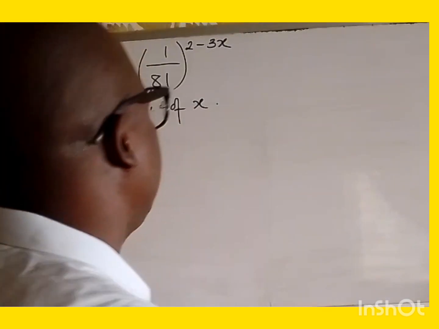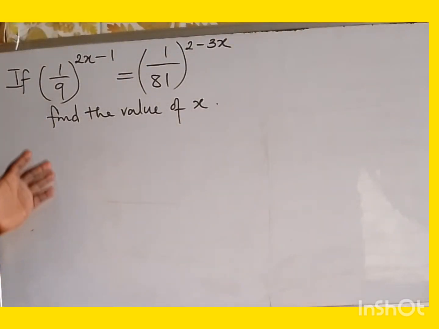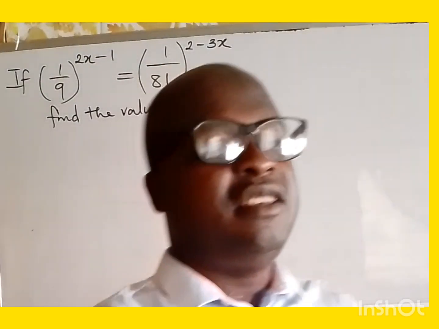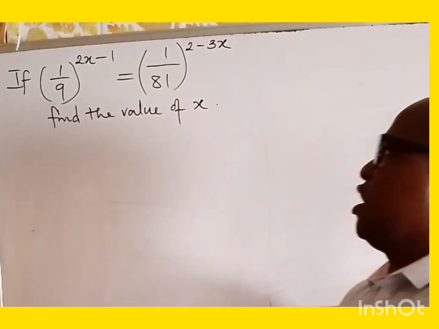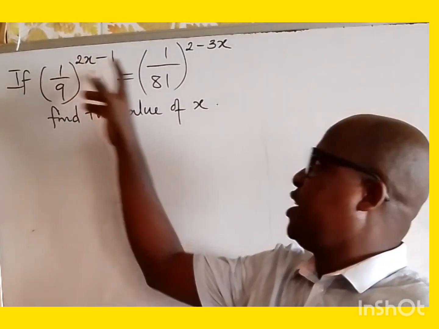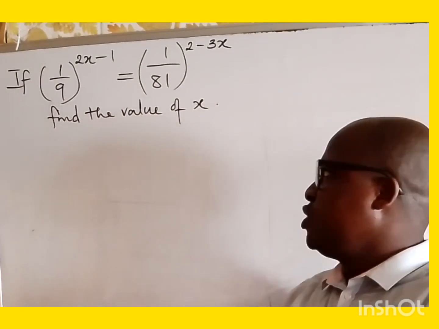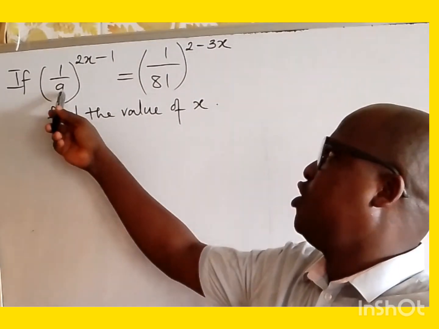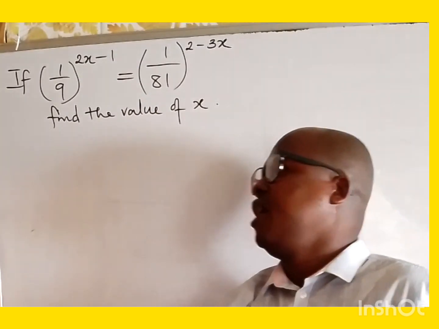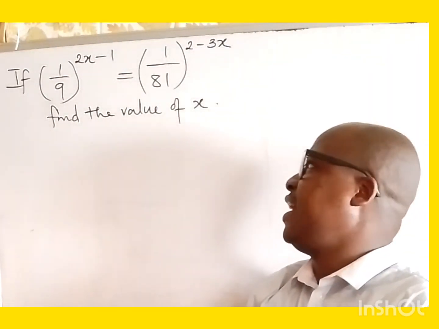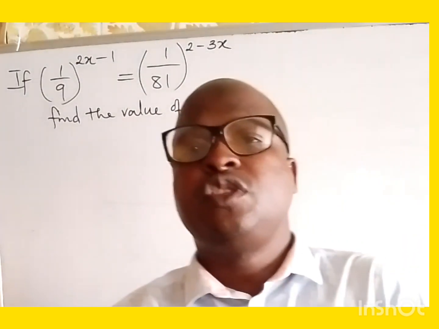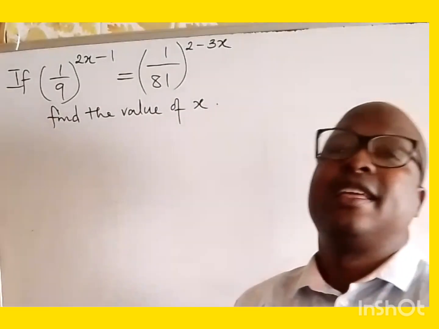Alright, this is question number 2. As you can see, this is an indices question. If you check both brackets, you will notice that we have 9 here as the denominator and 81 here. You will suspect that both 9 and 81 are multiples of 3.